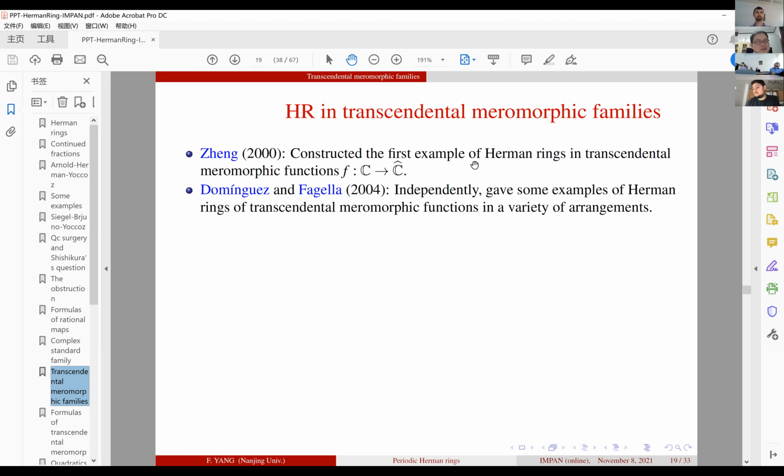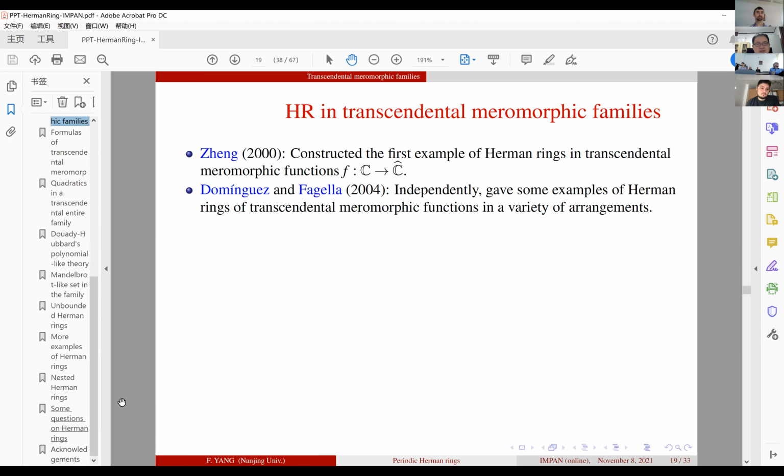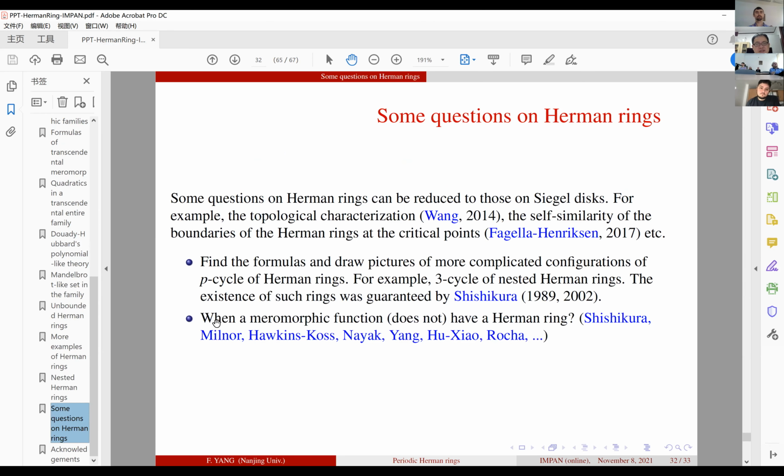Okay, I get your question. I don't think I have considered this question before, but I know it is very close to the question of when meromorphic functions have a Herman ring, which depends on the distribution of the poles. It is close to your question.